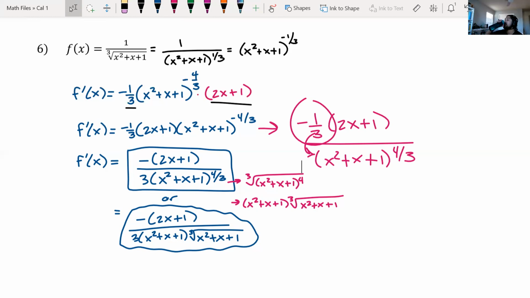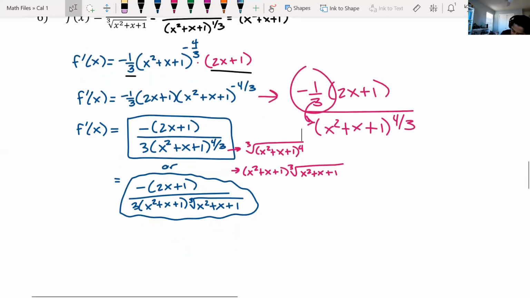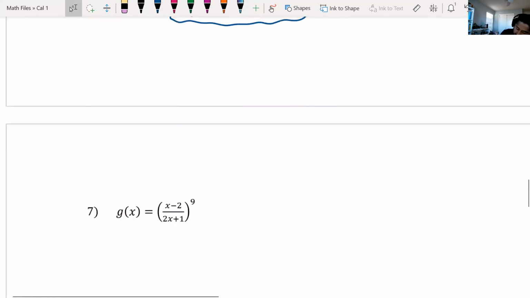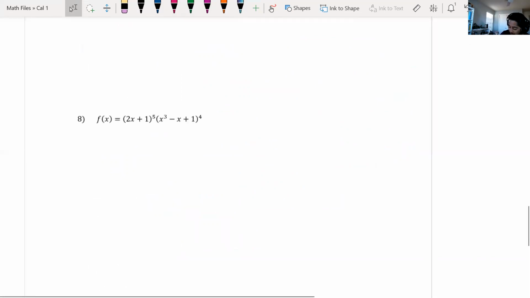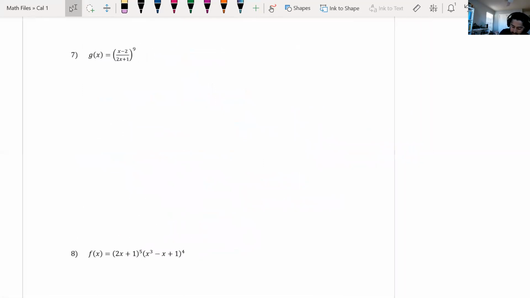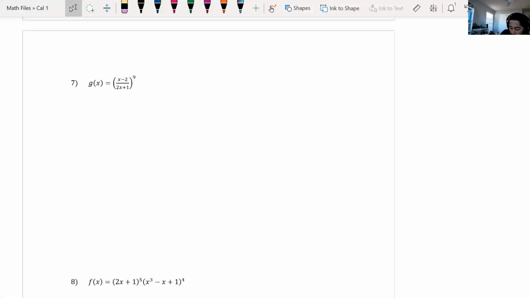All right, what else? We come to our last two for chain rule. Short day today, right? So go ahead and try 7 and 8 out. When you do these chain rules, I'll give you a little hint for number 7.